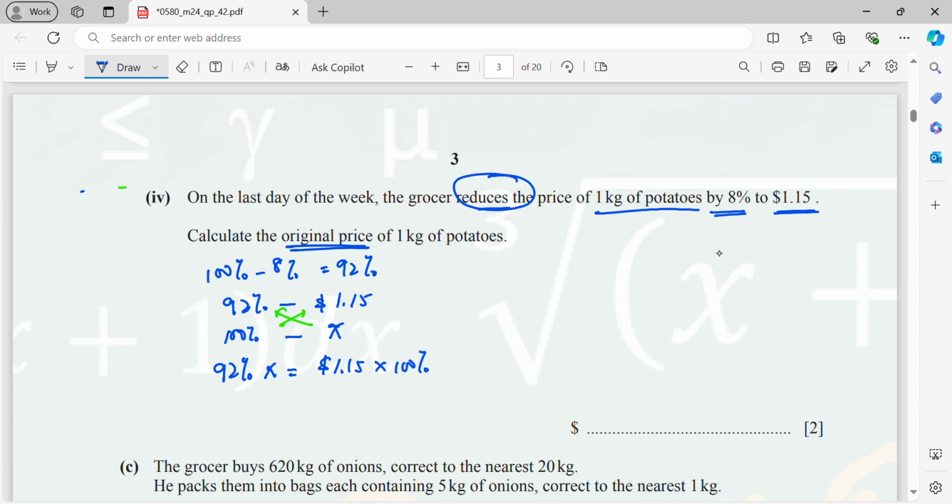Then my x here, okay, so probably I don't use x, I use a. Right, so my a is going to be 1.15 times 100% divided by 92%. So at last, you will be getting $1.25. So that will be the original price of 1 kilogram of potatoes.